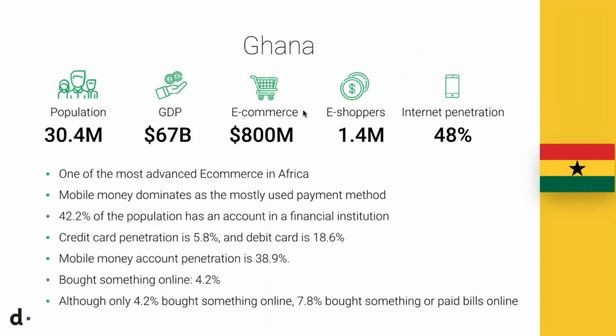If you come down to Ghana, it's the same story. Out of a population of 30.4 million people, you will have 42.4% of the populace having accounts in financial institutions, while you have mobile money again being the dominant method of payment. Mobile money penetration in this case is 38.9%.